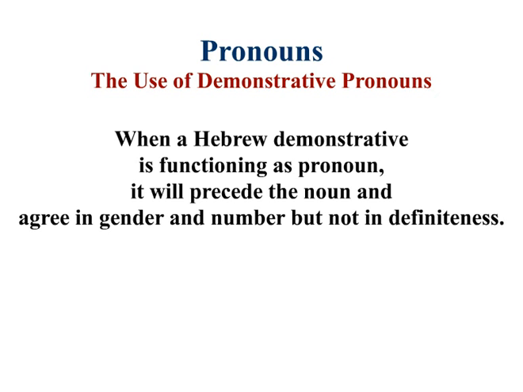Let me repeat that so that you understand the distinction between demonstrative adjectives and demonstrative pronouns. When a Hebrew demonstrative is functioning as a demonstrative pronoun, it will precede the noun and agree in gender and number, but not in definiteness.